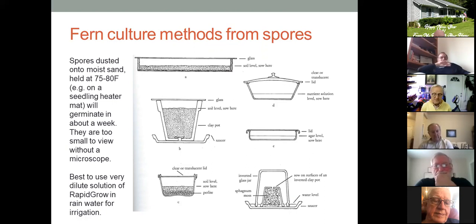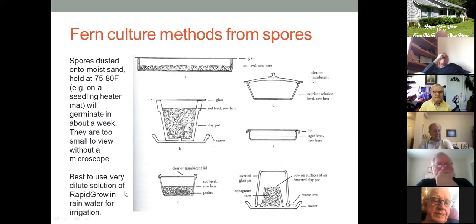And just for reference, a typical fern spore, at least in terms of the staghorns, is about 35 microns long, which is probably around 1,000th of an inch. So, when you collect spores, you can see them as sort of golden looking dust. But individually, they're single cells that are microscopic.